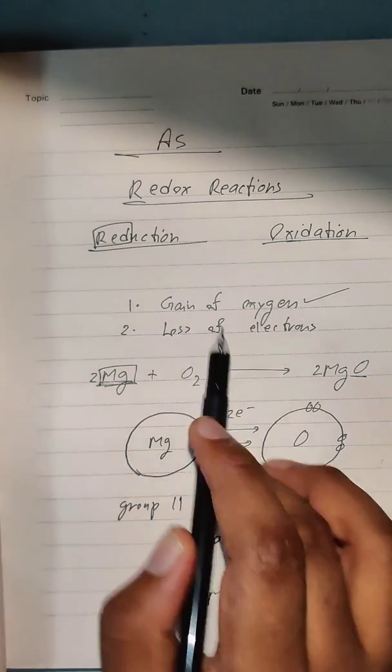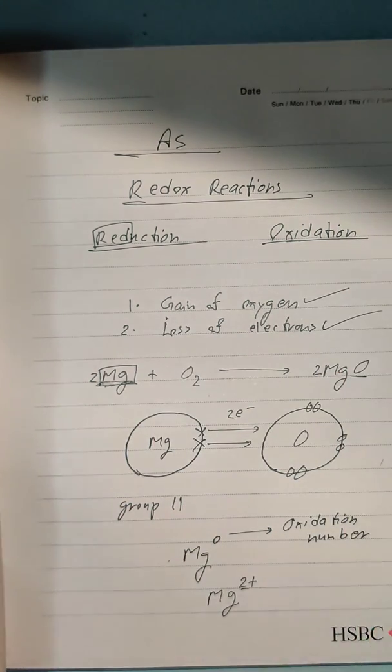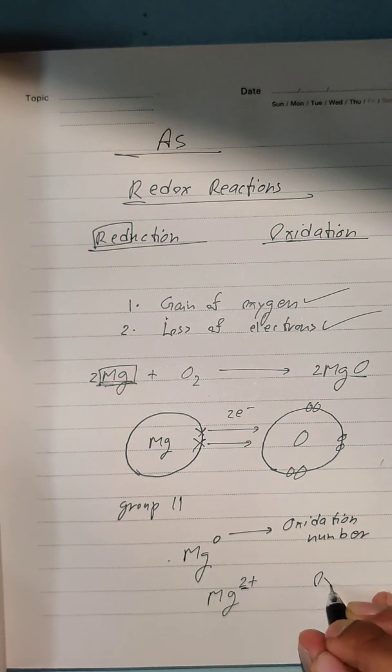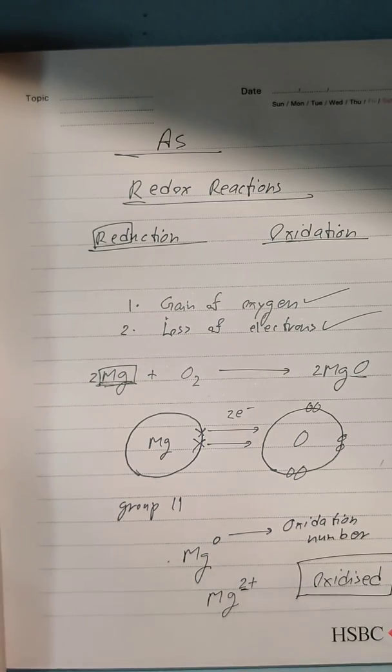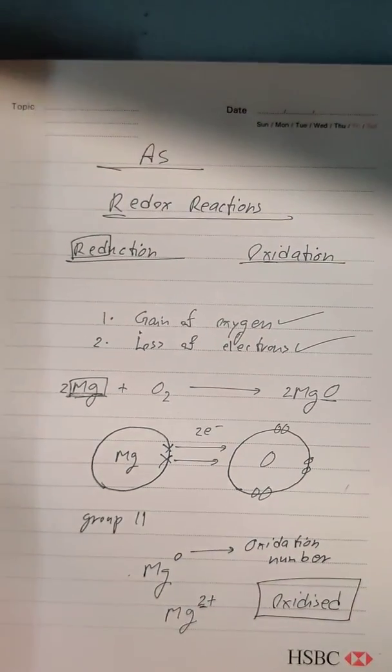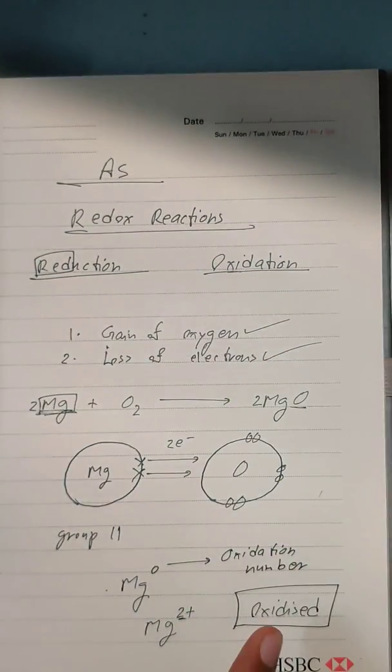And if something gains an oxygen, loses an electron, and its oxidation number increases, that means it has been oxidized, right? So I hope that's clear.